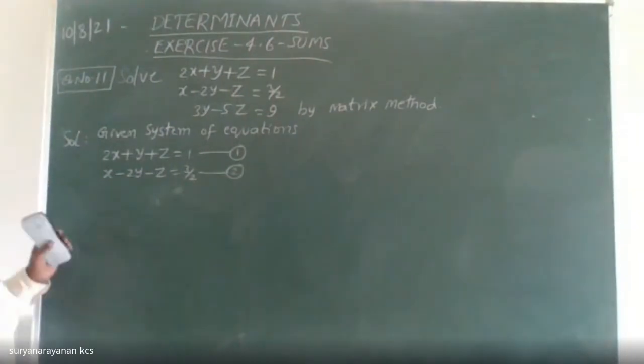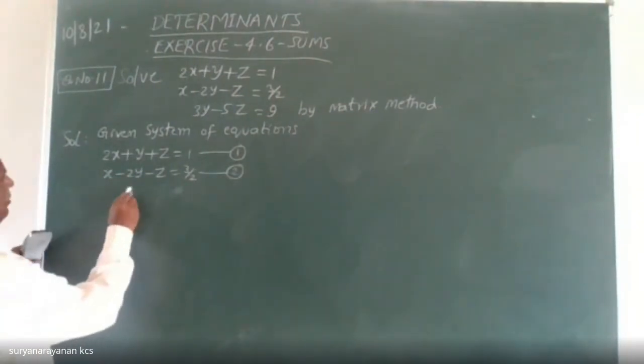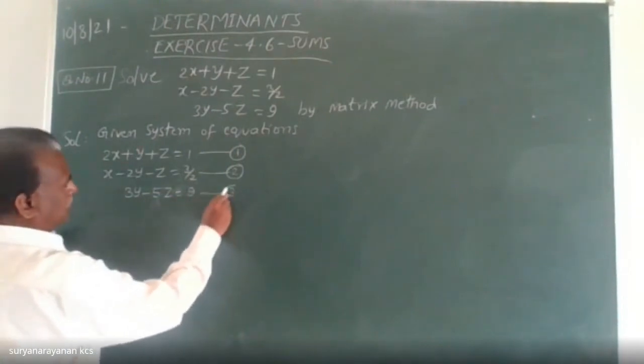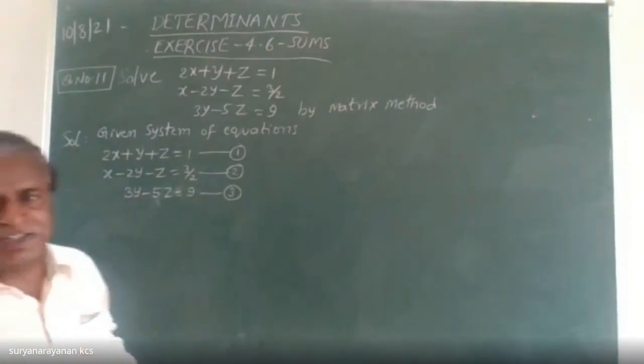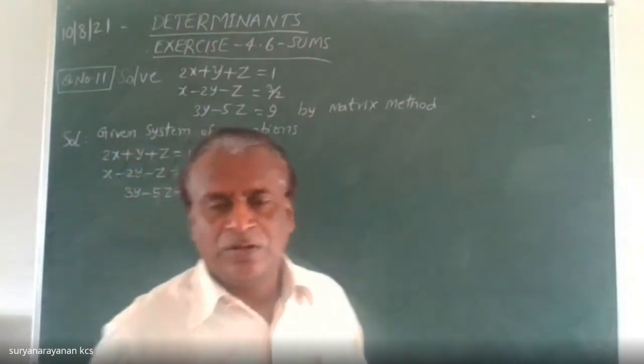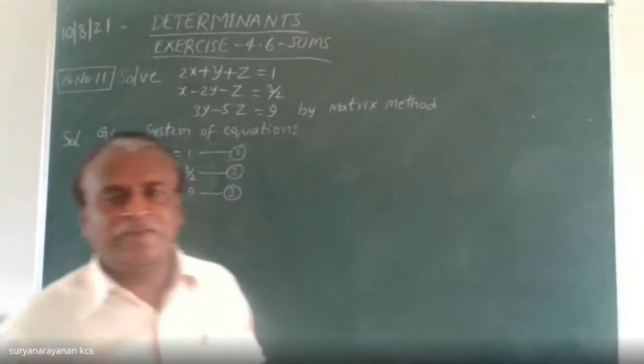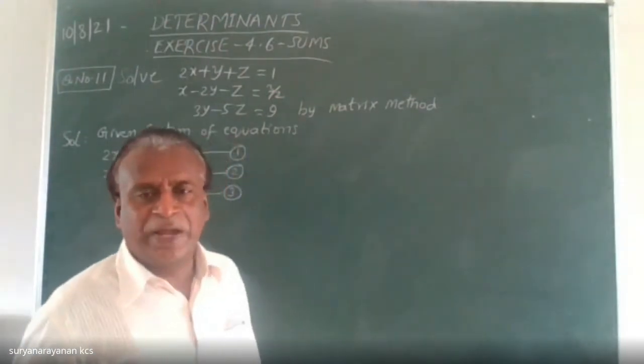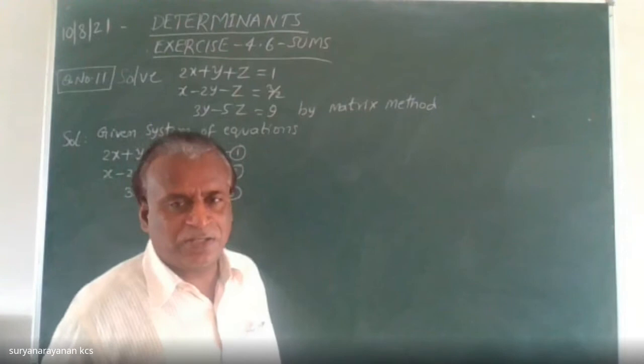Let us consider this is equation 2. 3y minus 5z is equal to 9. Let us consider this is equation 3. After writing the given 3 equations, we have to assume matrix A, matrix X, and matrix B.